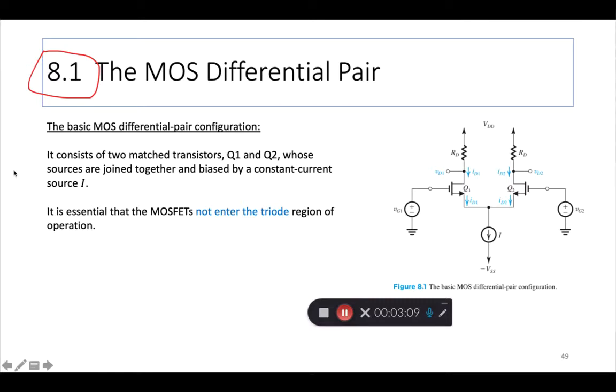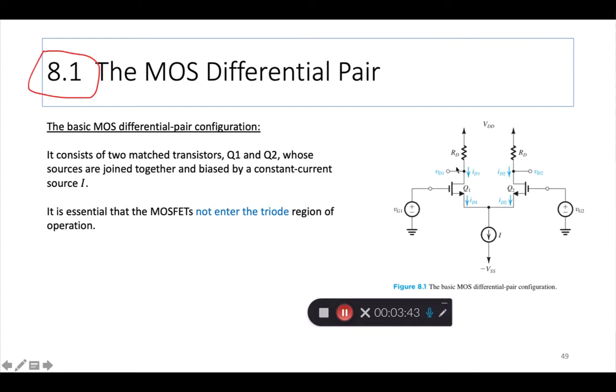Alright, so I borrowed a slide from the earlier material of this same PowerPoint, which is 8.1. So we were introduced to the MOS differential pair, and we saw that there are 2 transistors, Q1 and Q2, and each one has a signal at the input side. So assuming this is a common source configuration, your input signal is applied between the gate and the common source.